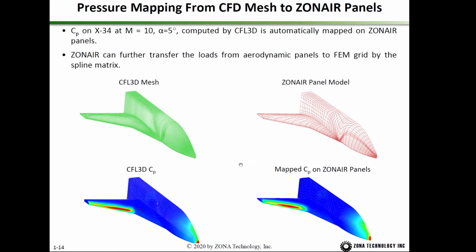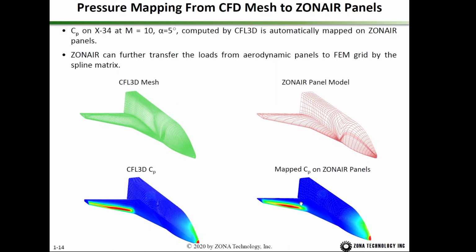And this is showing how ZONAIR can map the CFD computed CP to the ZONAIR panel model. This is a CP on X-35, Mach number 10, angle of attack 5, computed by CFL3D.